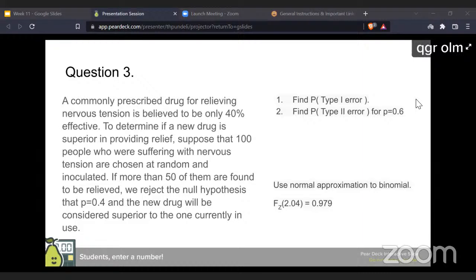Now to check this, what has been done is that 100 people who actually had this disease were given this drug, the new drug that was introduced.